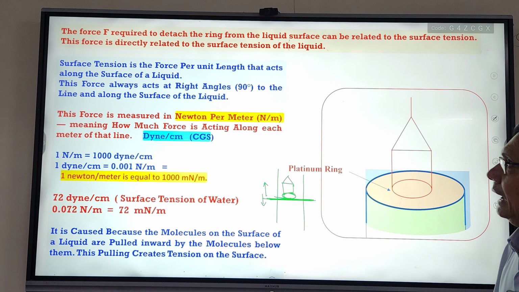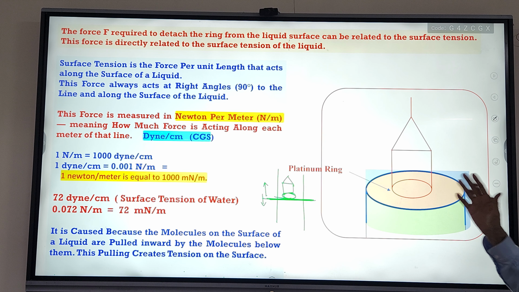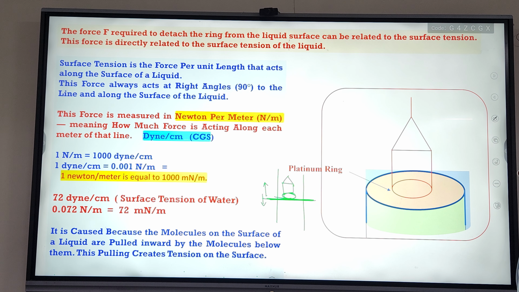And if I ask you, can you explain the surface tension? You can say that surface tension is the force per unit length, in meter, of force that acts along the surface of the liquid. And this force always acts at right angle to the line and along the surface of the liquid.